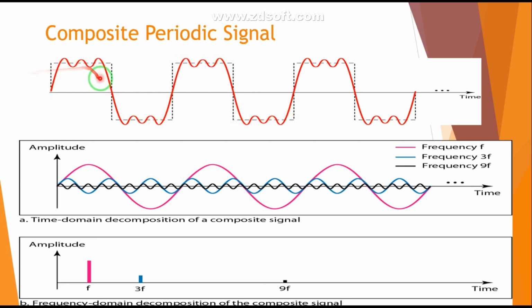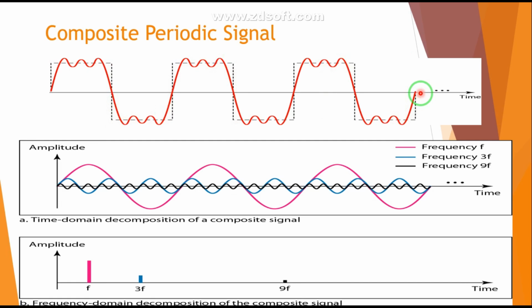It is not exactly a square wave, but we get something which is close to a square wave. If you want a perfect square wave, then definitely you have to add more and more harmonics. Here we have added only 3 harmonics, but you have to add more and more harmonics in order to get a pure square wave.